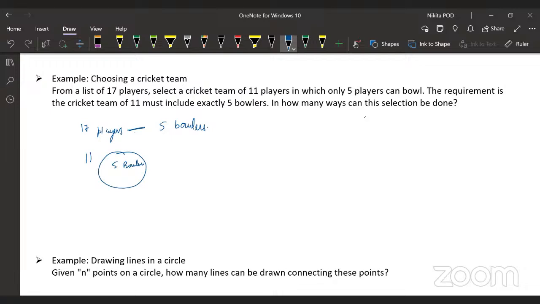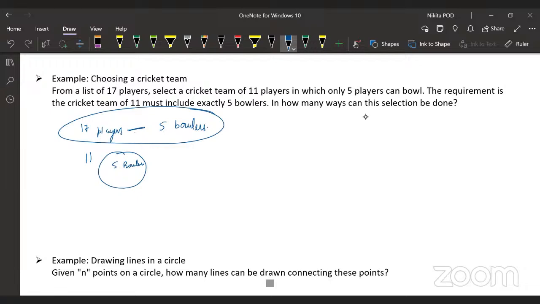Ma'am, don't we need to know how many bowlers are there in these 17 players? It says you need to select only 5 players who can bowl, but it doesn't say how many players can bowl in the total 17, isn't it? Correct. Maybe it has been written a little differently.